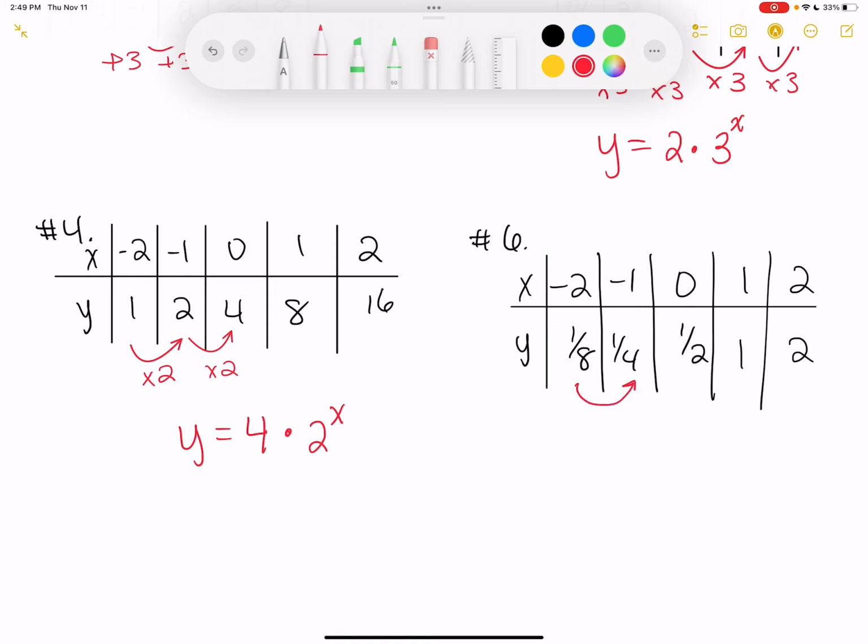So how do I get from A to B? If you don't see it doing it that way, how do I get from here to here? It's the same all the way across. By 2. What is my initial value when x is equal to 0? 1/2, so it's going to be y is equal to 1/2 times 2 to the x.